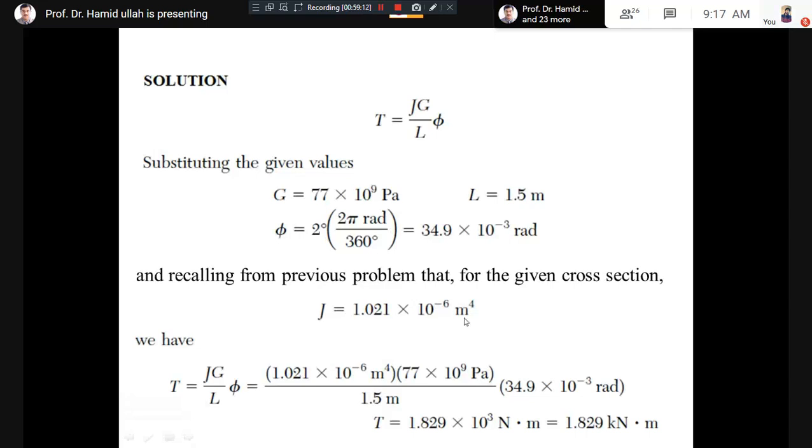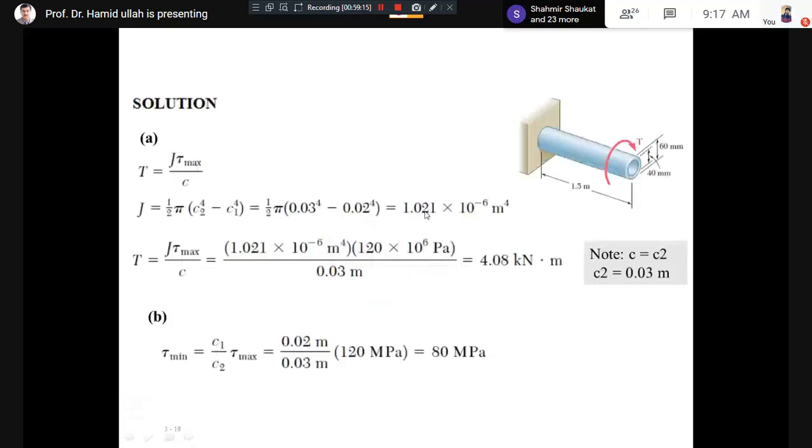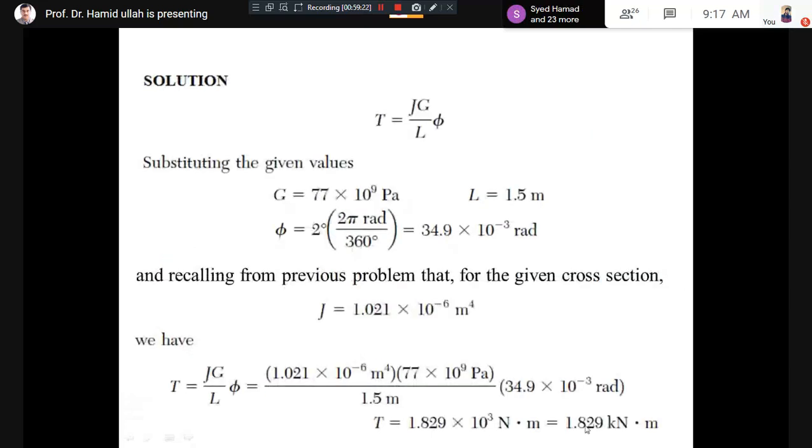J we have already calculated in the previous numerical. So you put all these values in, and you get 1.829 kilonewton meter. So this is the torque this shaft can transmit based on an angle of twist of 2 degrees. It is already covered in one numerical.